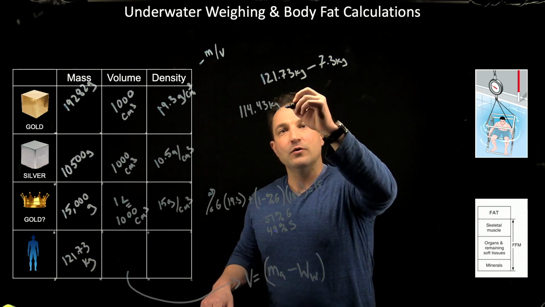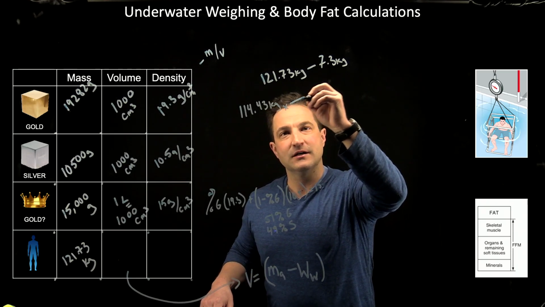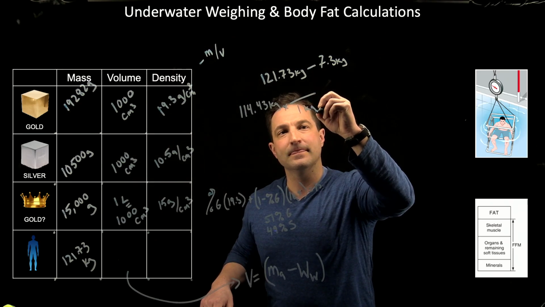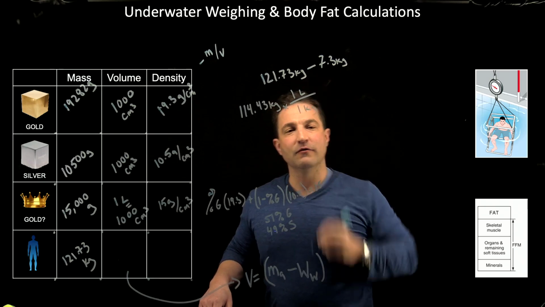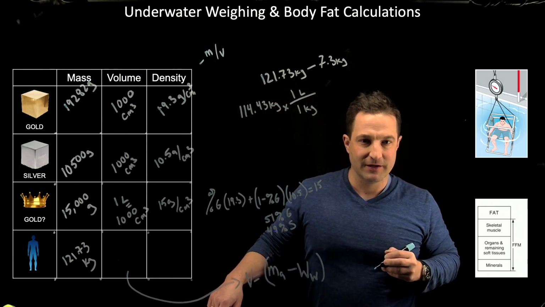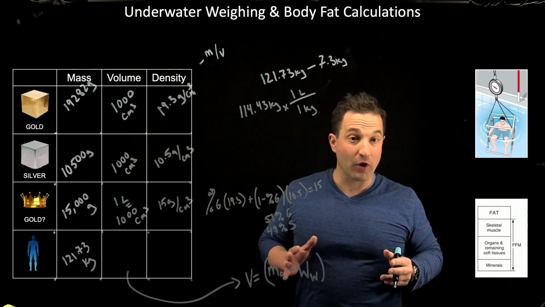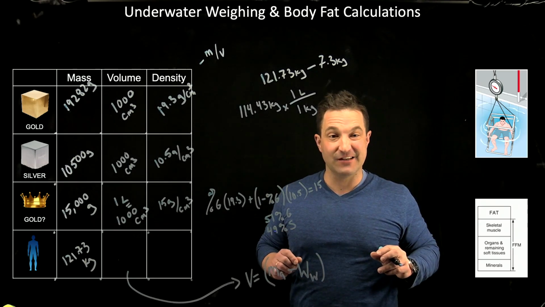Well, we know that we could just multiply this. If we want to cancel out our kilograms, there's 1 kilogram for 1 liter of water. However, this is only true for the density of water when the water is about 4 degrees Celsius.